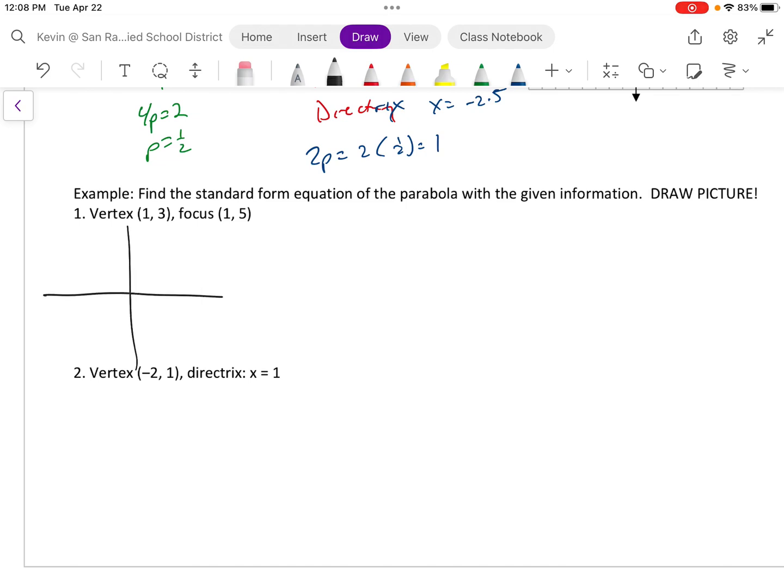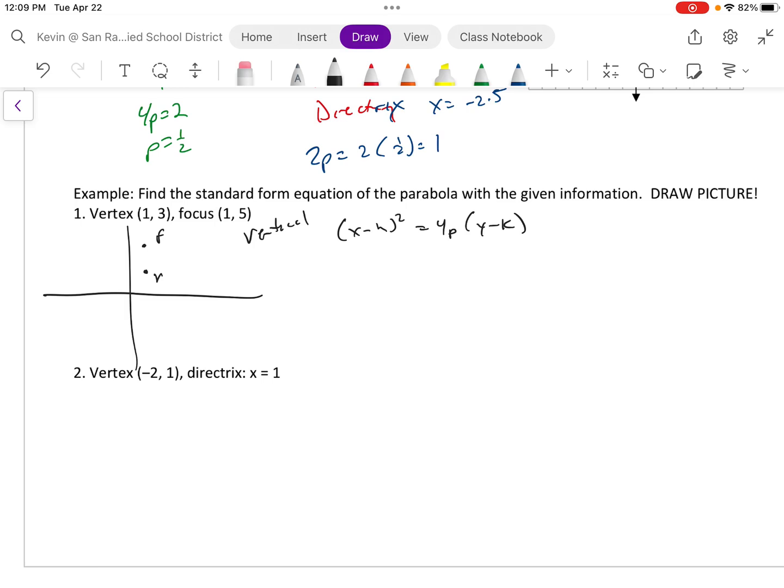All right, real quickly, find the standard form equation of the parabola given this information. Draw a picture. So let's just do a real fast sketch. We come in here and we say, okay, vertex is at 1, 3. There's my vertex. My focus is at 1, 5. There's my focus. So obviously this is vertical.